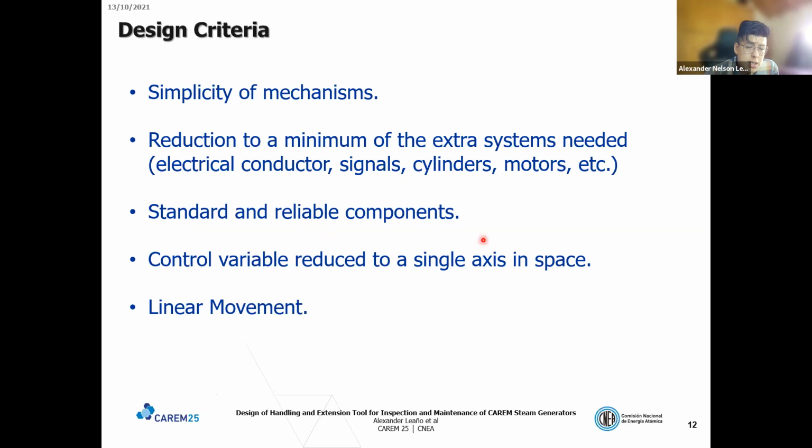It is a way to reduce the extra systems needed. One of the common movements needed for all of these tools to be manipulated with the EMA is a linear movement. For that, one design criterion was a linear movement.